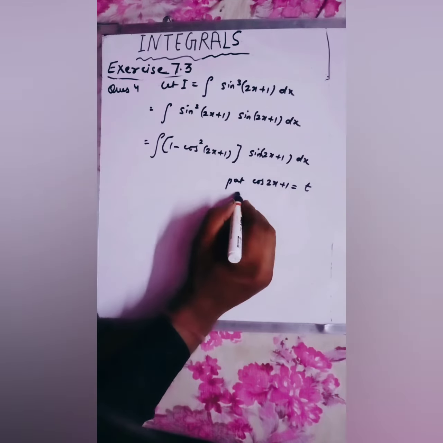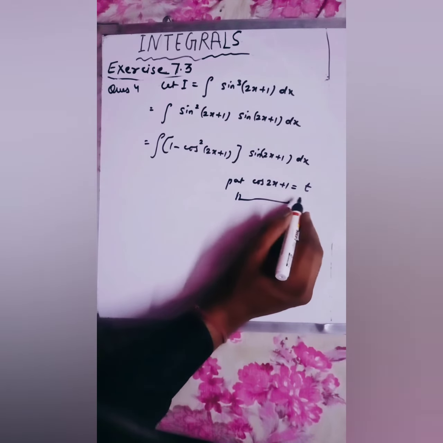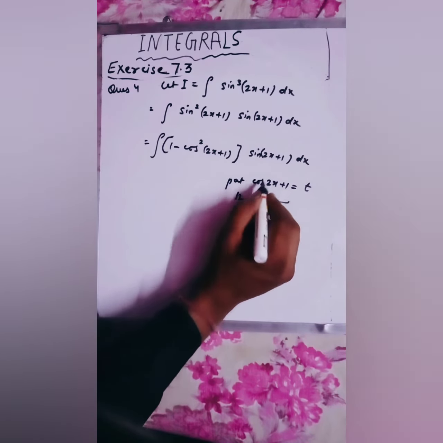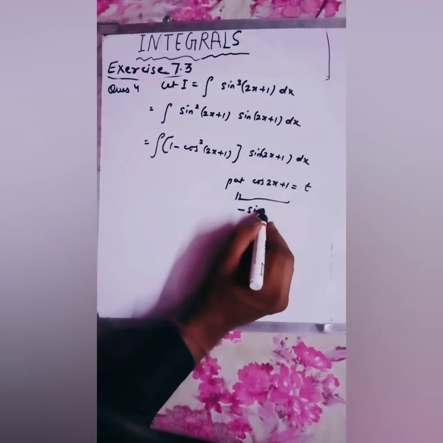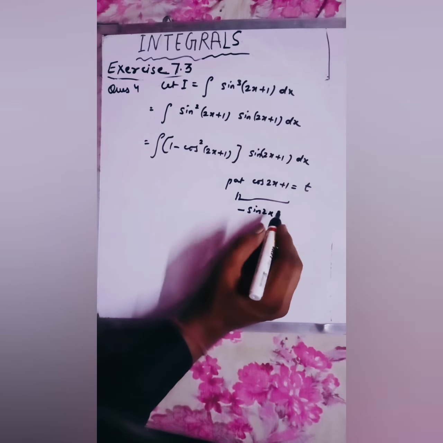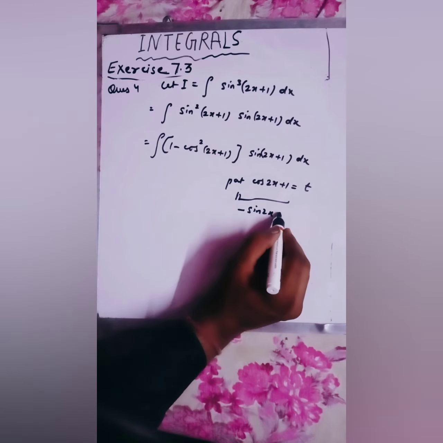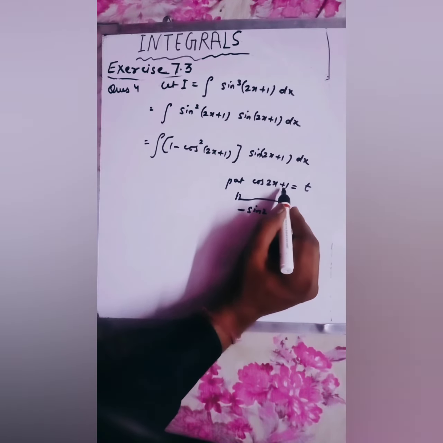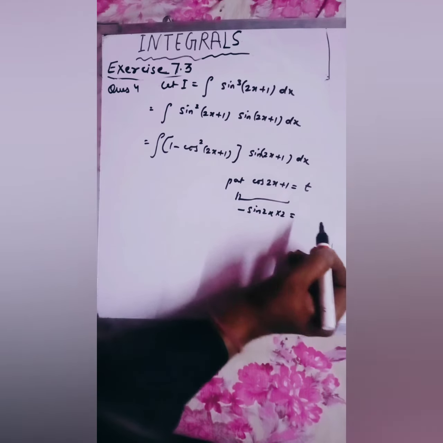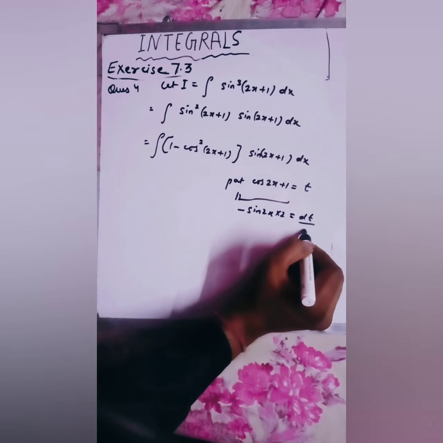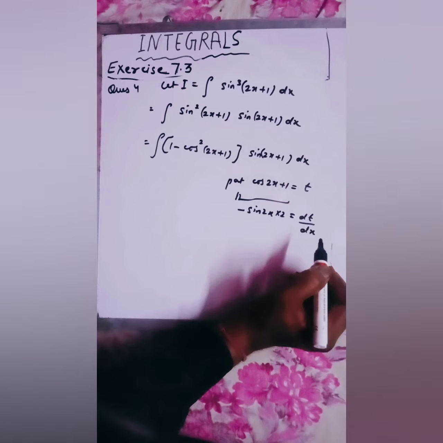Fine, differentiating both sides with respect to x here, so the derivative of this would be minus sine 2x. Okay, and then 2x, that would be 2. Derivative of 1 would be 0, so I'm not writing here. Don't get confused in derivative and integration.